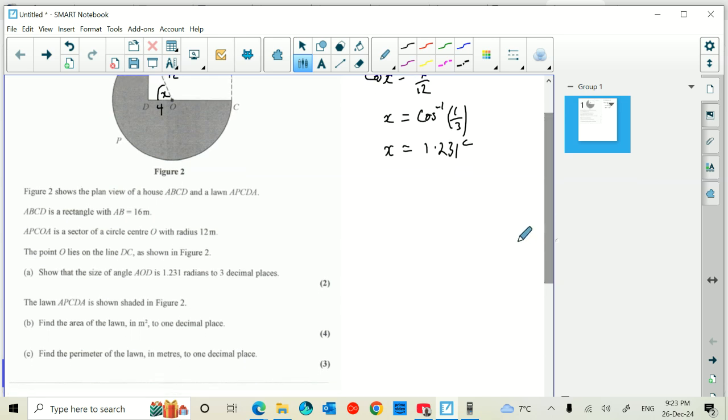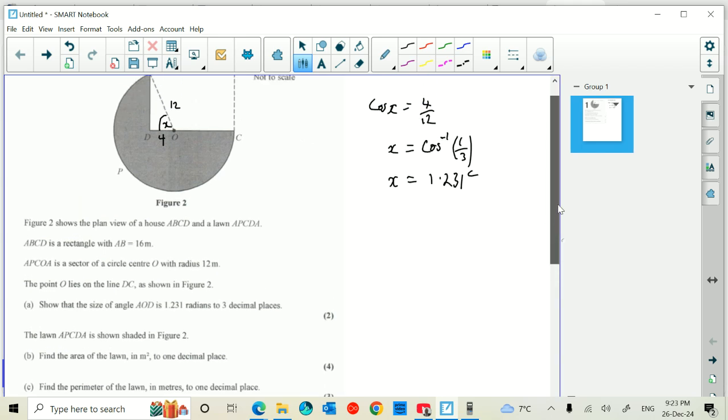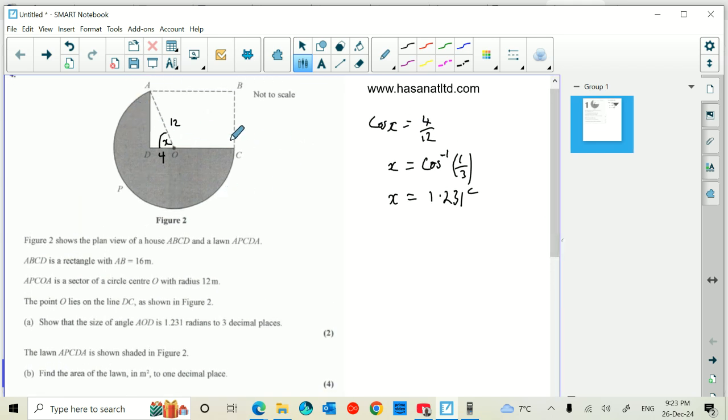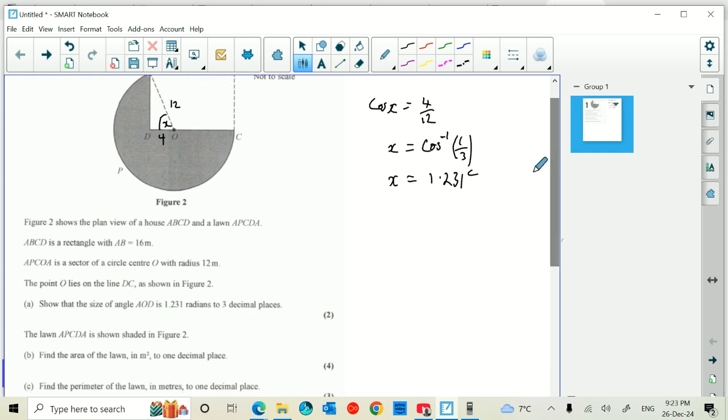Part B: the lawn APCDA is shown shaded in figure 2. Find the area of the lawn in square meters to 1 decimal place. So for all of the shaded region, we have to find APCD. Now that is the area of a sector, which is given by area of sector equal to half r squared theta.